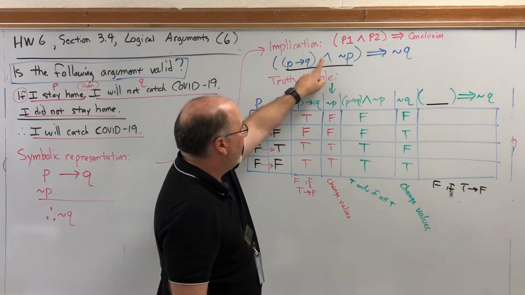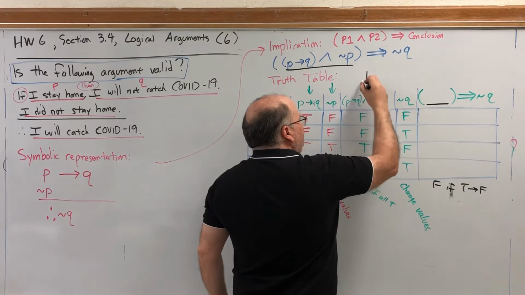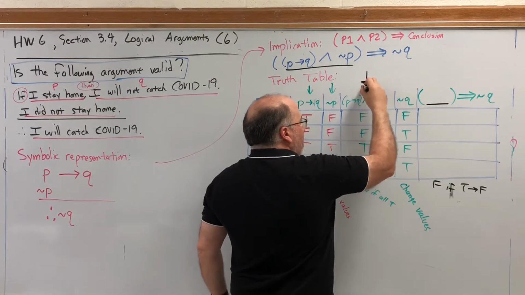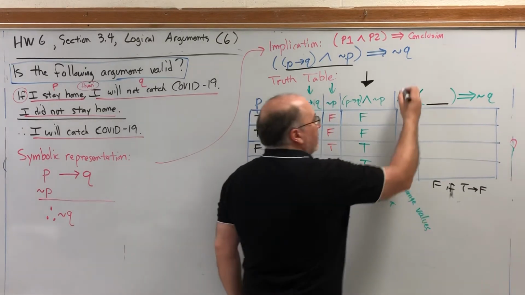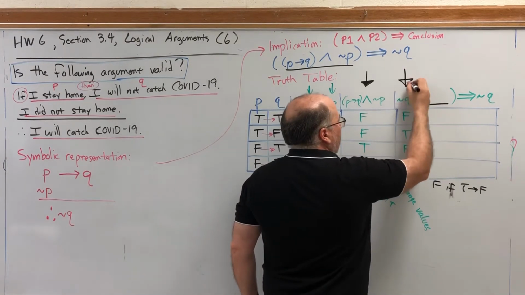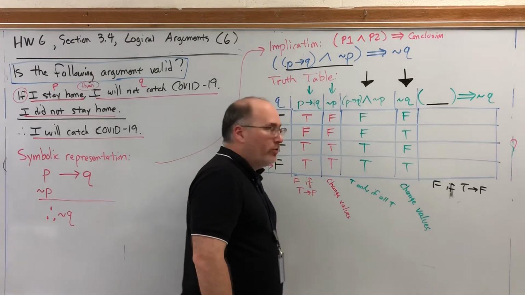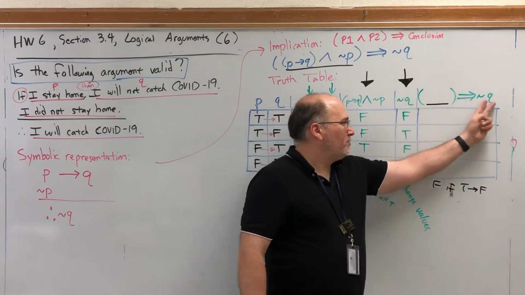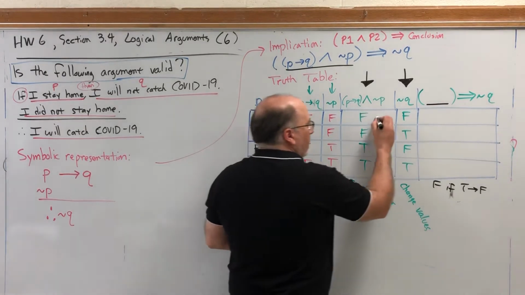So we need the column that represented the conjunction. That's this column. So we're looking here. And on the right side of the conditional is just the negation of the Q. So we're looking here. Hooray, they're next to each other. And they're in the correct order. We need giant parentheses pointing to negation Q.